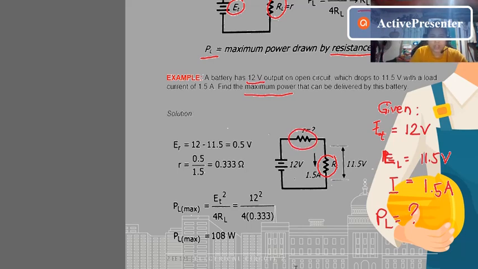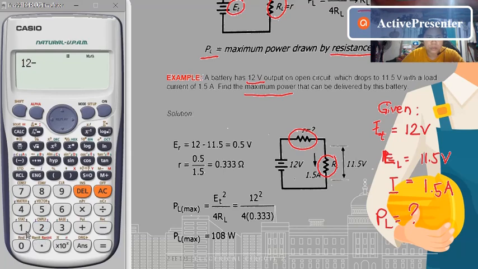So 12 minus 11.5 gives the voltage across small letter r, which is 0.5 volts. Solving for r, since it is not given and we have the current, and since it is a series circuit, the same current flows, so we have 0.5 divided by our current. So our resistance will be 0.33 ohms.